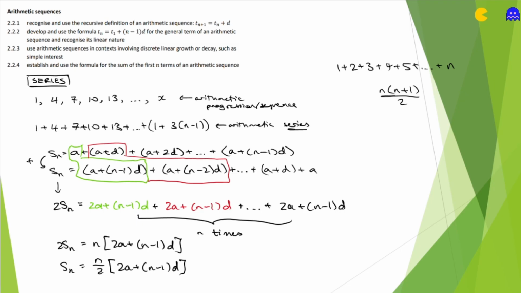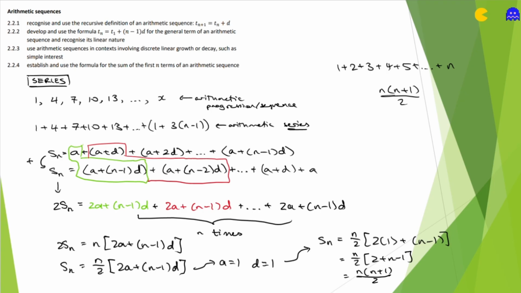But if we substitute this value into our generalized arithmetic sequence formula, we can see that we'll get the exact same value. In this case, our n value is equal to n, of course, our a is equal to 1, our d is also equal to 1, and so if we substitute those values into the generalized arithmetic series formula, we get Sn equals n over 2 multiplied by 2 times 1 plus n minus 1 times 1, which in this case is equal to n over 2 times 2 plus n minus 1, which is equal to n times n plus 1 over 2.